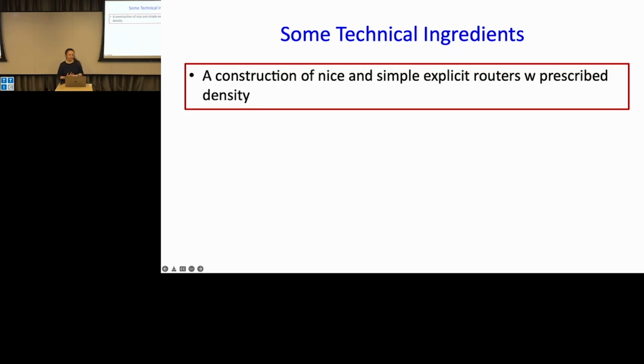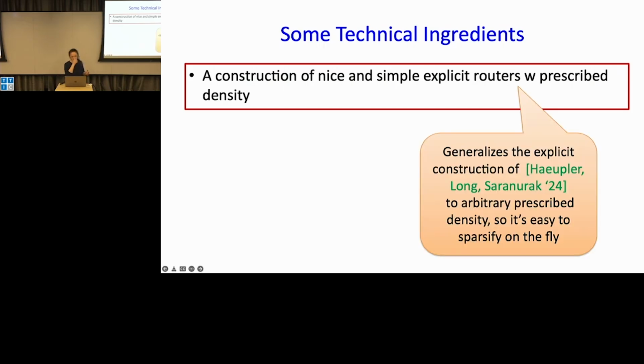So now I'm going to very quickly mention some technical ingredients that go into this decomposition at a very high level. The first ingredient is the explicit construction of nice and simple routers with superscript density. This construction just slightly generalizes a similar construction from a previous paper, so that on the one hand we can make these routers with any density that we want, and on the other hand it's very easy to sparsify them.